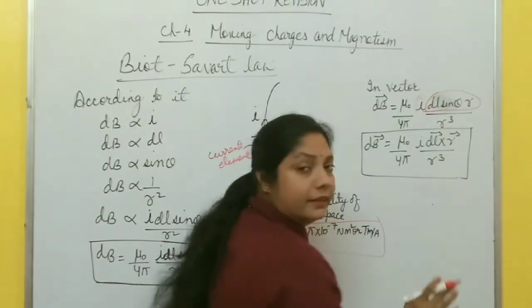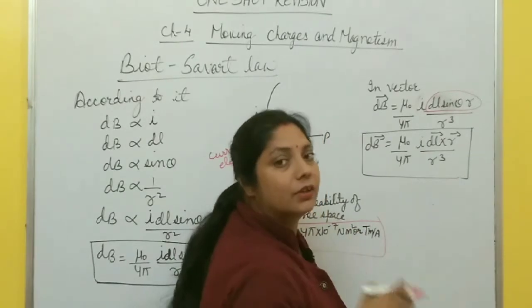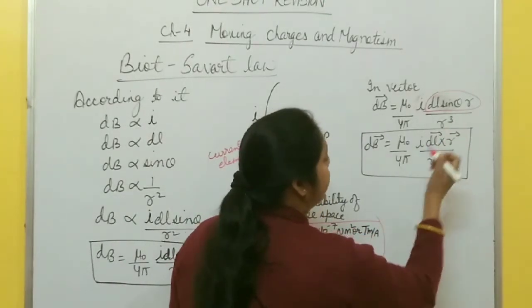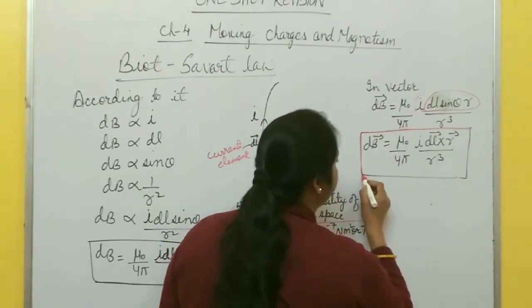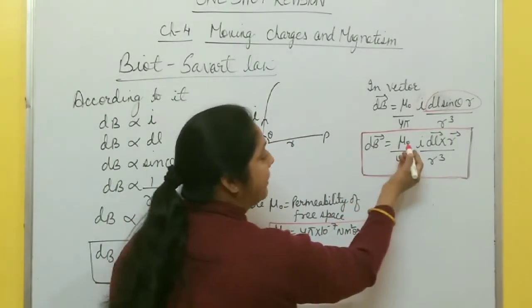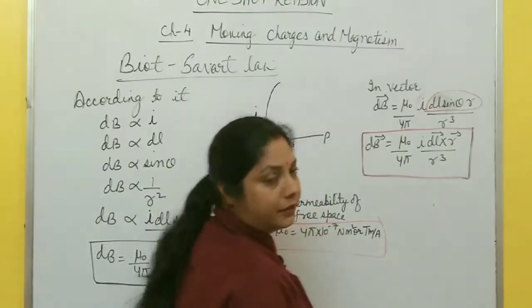This ds sine theta r you can write as dl cross r. dl cross r is dl r sine theta, and the denominator is r cube. So in vector form, the small magnetic field due to the current element at a distance r from the current element is given by mu naught by 4 pi I dl cross r by r cube.